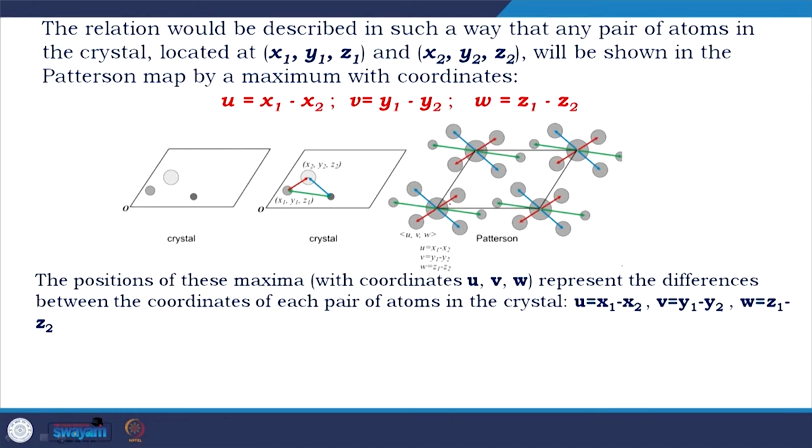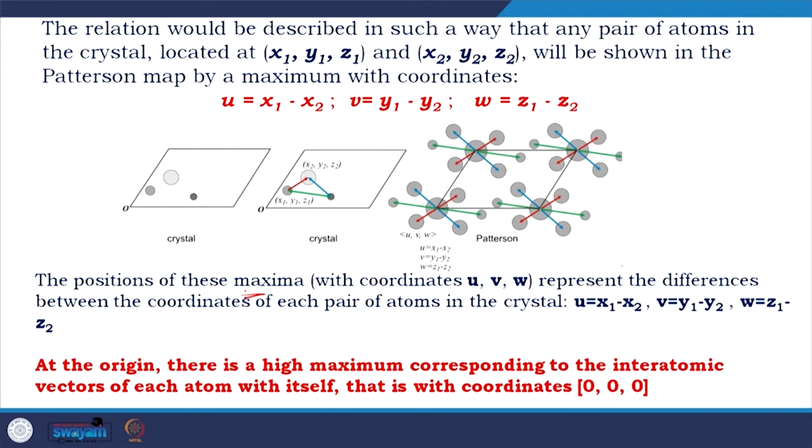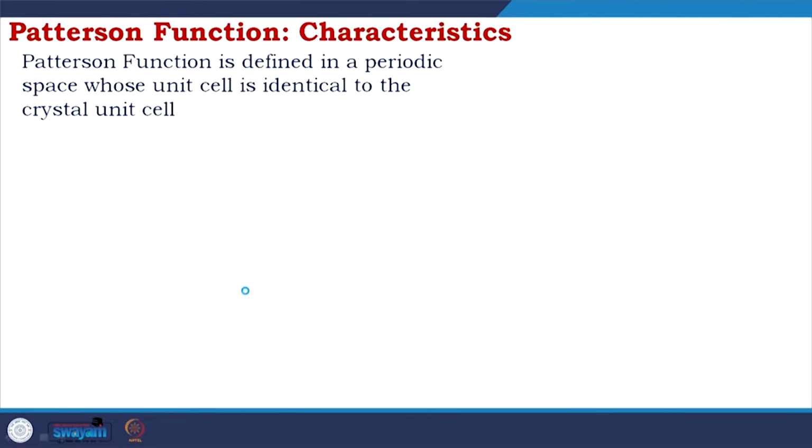The positions of these maxima represent the differences between the coordinates of each pair of atoms in the crystal. At the origin, which is 0 0 0, there is a high maximum corresponding to the interatomic vector of each atom with itself.